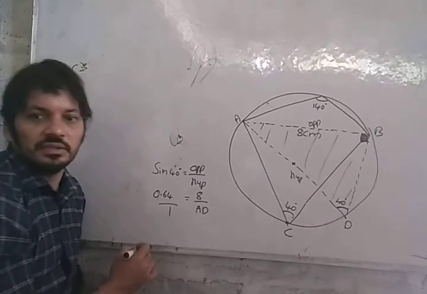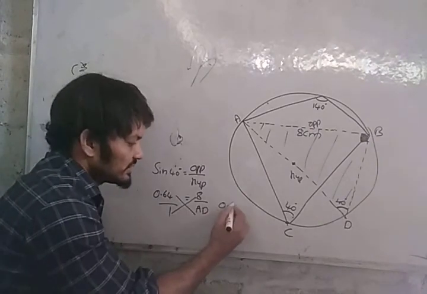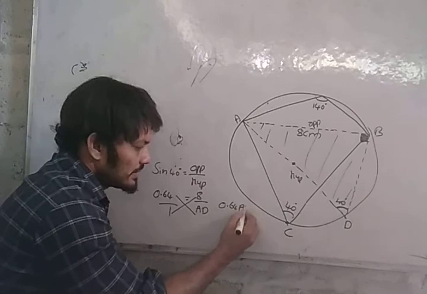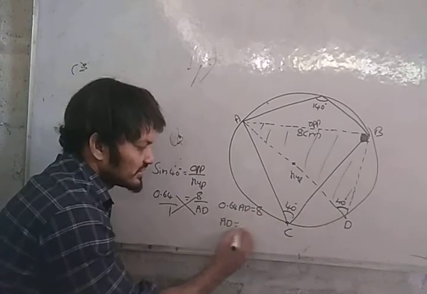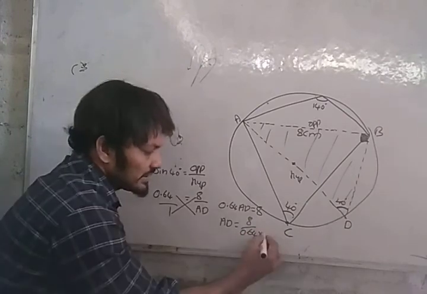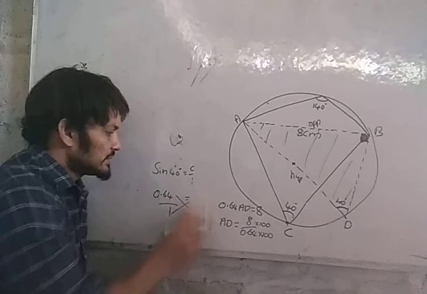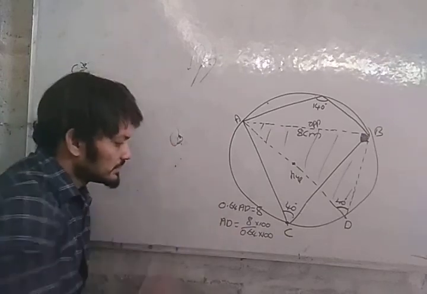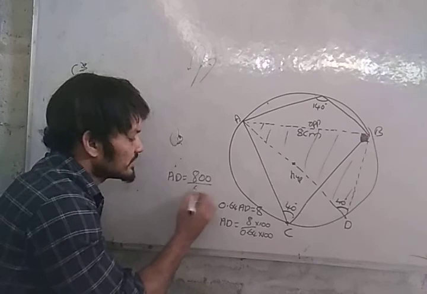By 1, cross multiply. 1 into 8. First this one: 0.64 into AD by 1 into 8. AD is equal to 8 by 0.64, then into 100. Here 800 by 64. AD is equal to 800 by 64.